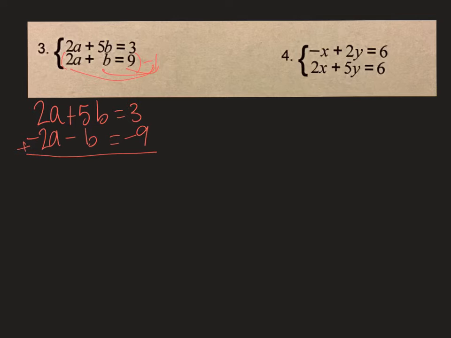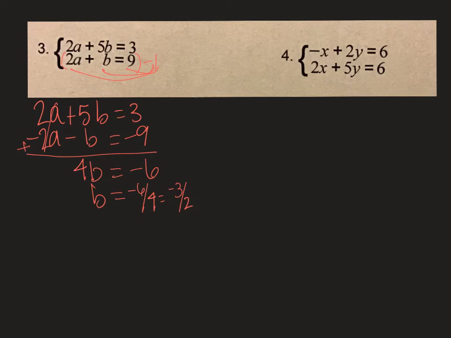So 2a plus -2a is 0. 5b plus -b is 4b. 3 plus -9 is -6. I'm going to divide. So -6 over 4 simplifies down to -3 over 2. And then from there, I am going to plug that into one of my other equations.